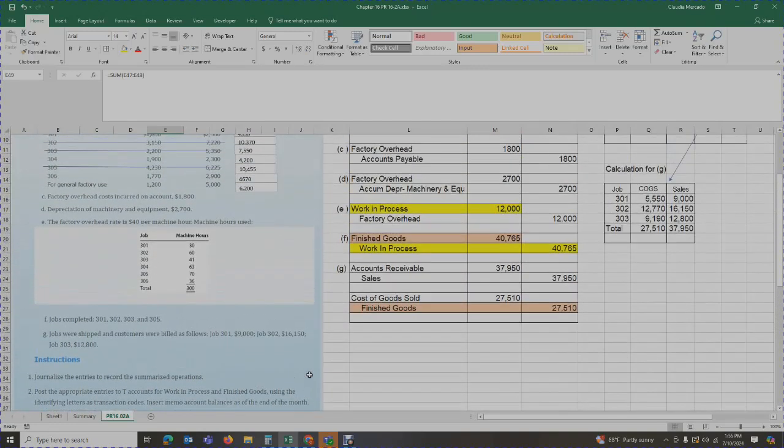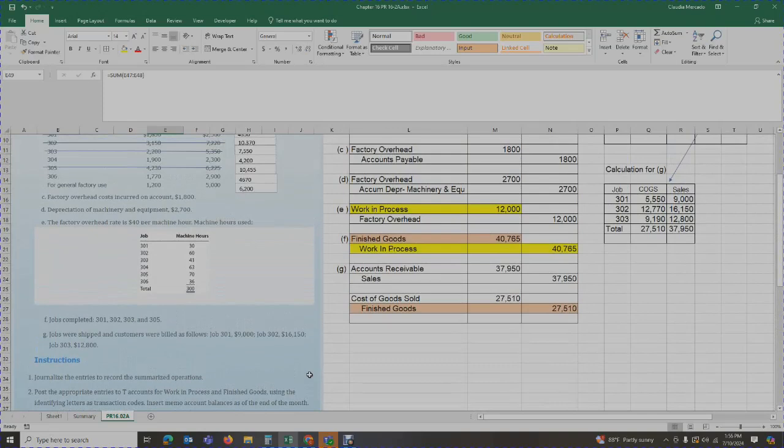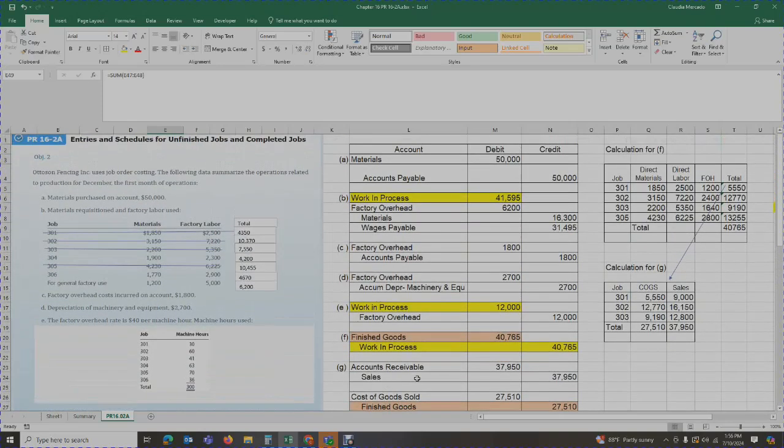So remember, we had completed jobs over here of job 301, 302, 303, and 305. We sold jobs 301, 302, and 303. So that means that the one that we have not sold is that particular job right there. Okay, job 305. That is the one that we have completed, but we have not sold.